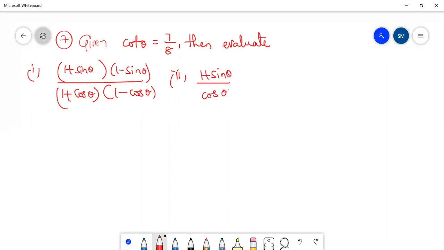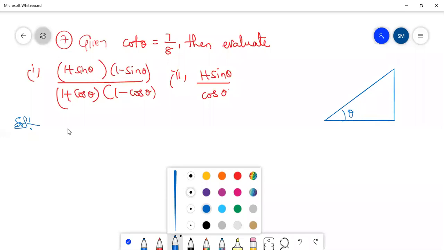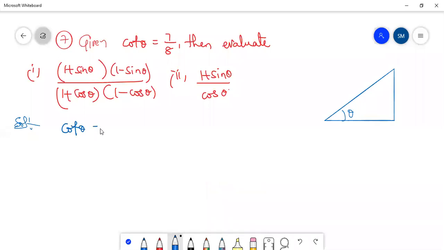Here we can take the right angle triangle, this is angle theta. In this we know the trigonometric ratios, cot theta is equal to adjacent side by opposite side. So it is equal to 7 by 8.